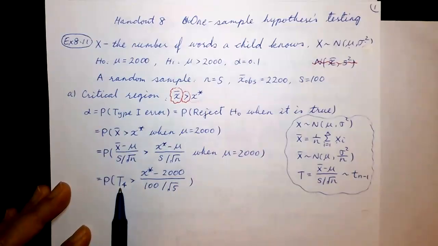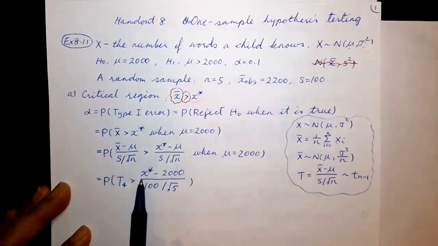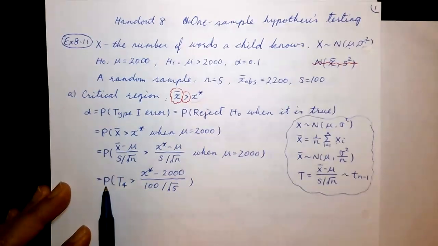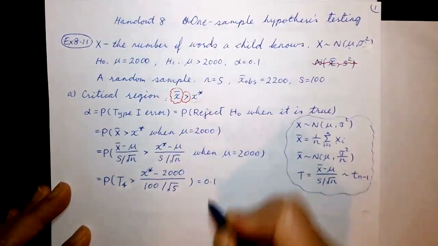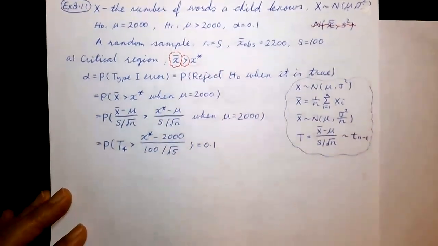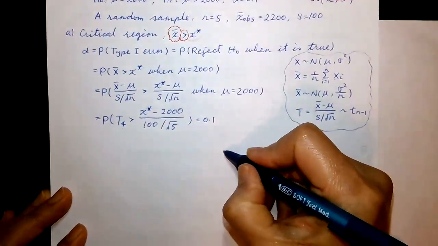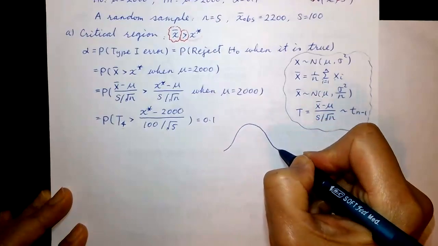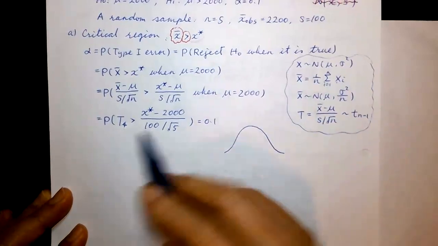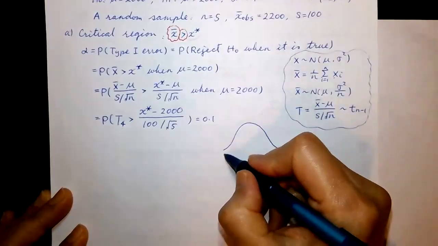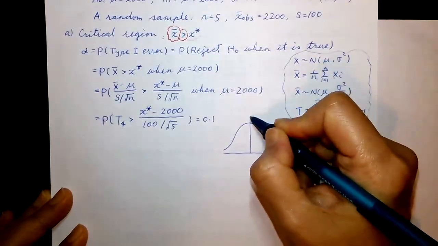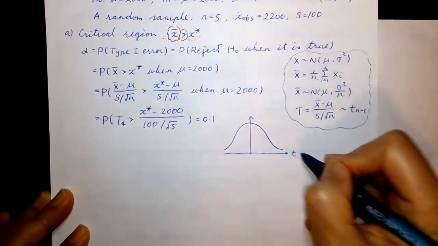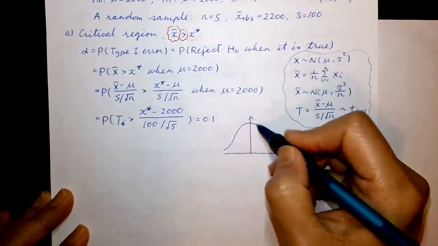Now we have a probability that the t statistic is greater than something, right? In this something, there's only one unknown. This probability comes from alpha. Alpha is given. Whenever I see the probability has a z or t clearly shown, I will draw it. This is the distribution for t, with all the t values at the bottom.